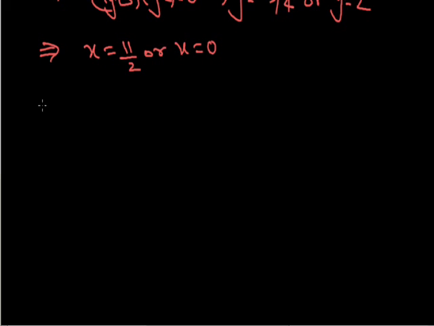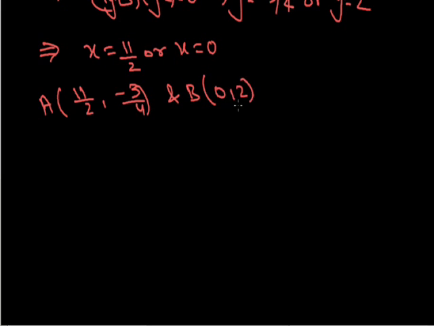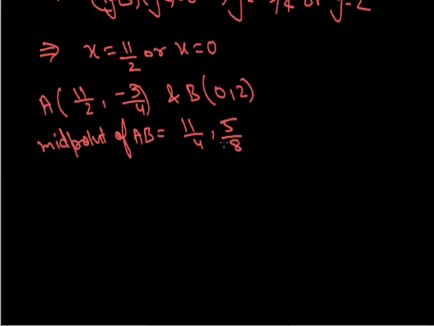So the point A may be given as (11 by 2, minus 3 by 4) and B may be given as (0, 2). The midpoint of the line AB may be given as (11 by 4, 5 by 8). That is our required answer.